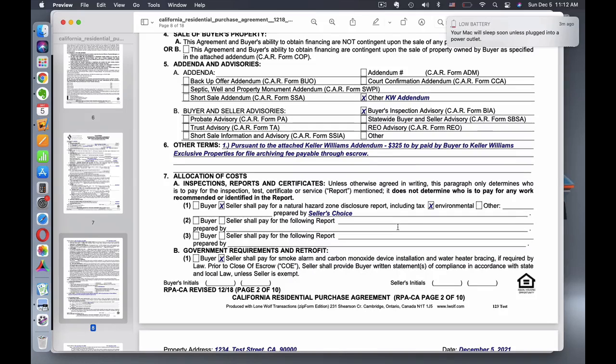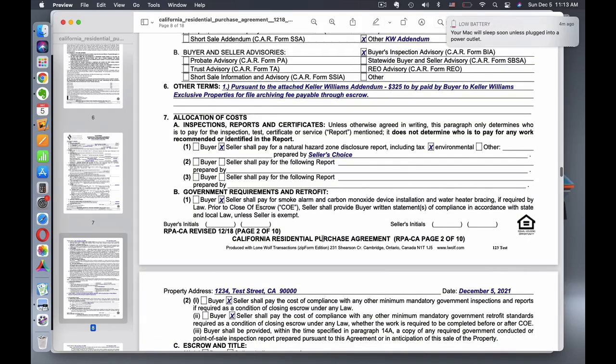Again, it's a cost to the seller typically, and it explains where earthquake, flood, and fire hazards are within 1 mile of the property. There's other information in there, a lot of times regarding the property tax and the environmental issues, any of those that you get in a report as a buyer to review. And this is one of those disclosures that if you read something in that report that doesn't make you comfortable, you're able to back out in your investigations period and get your deposit back.